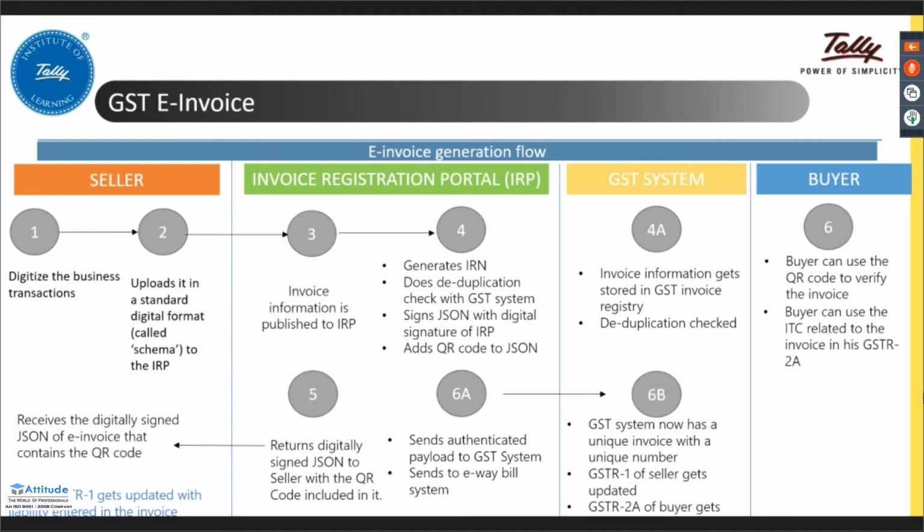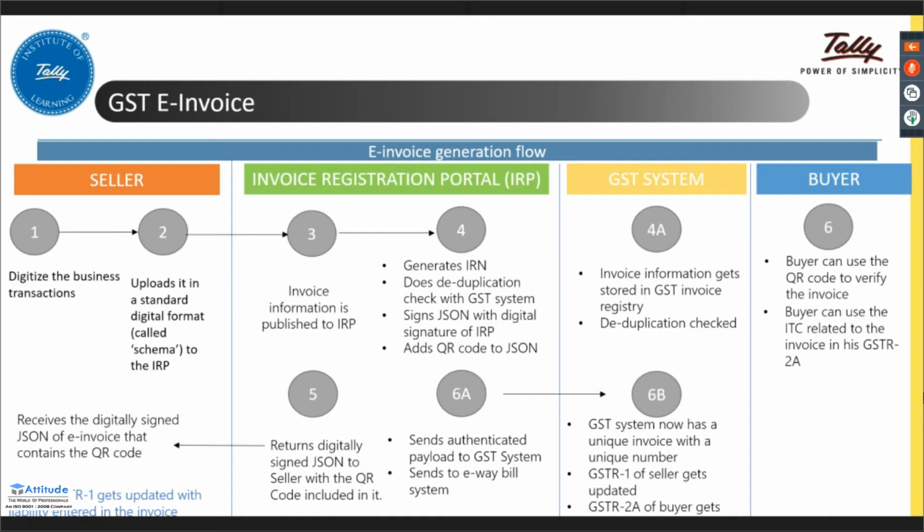And the IRP, at last, will send the report to the GST system, and now the unique invoice with the unique number will be available. The GSTR1 of the seller gets updated, and even the GSTR2A of the buyer gets updated automatically.